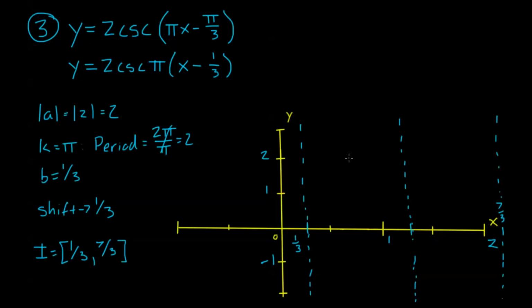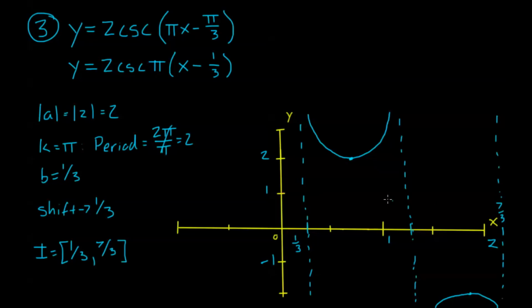So that means here in this first quarter point, I'm going to be up here at 2. And down here at this third quarter point, I'm going to be down at -2. Right? So even though it's going to be cutting down in the bottom, I think you can see what it's going to look like. My cosecant graph is going to look something like this. Right? Goes up in this first step, and then goes down, approaching those asymptotes down here. All right, so there's my 2 cosecant of pi.